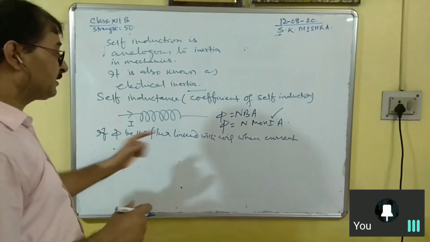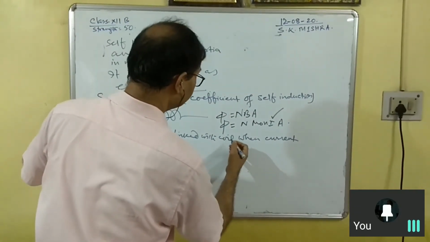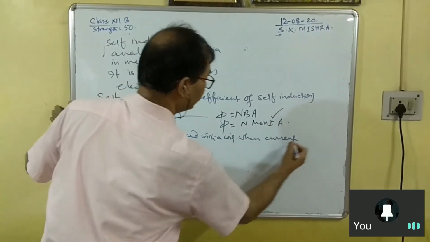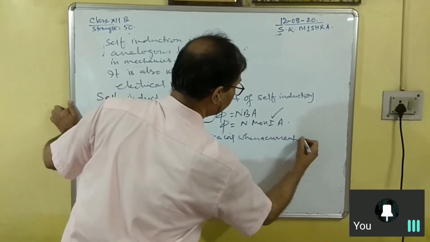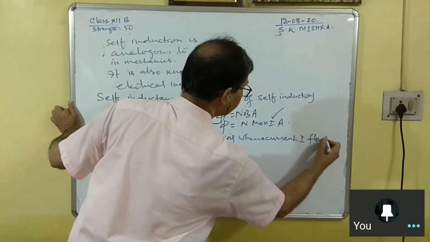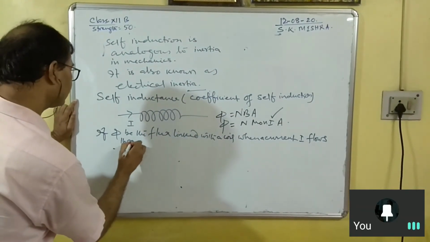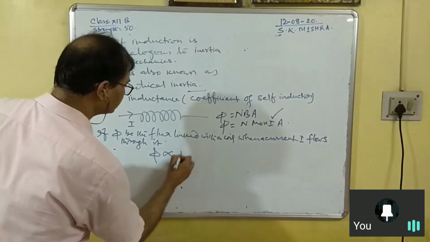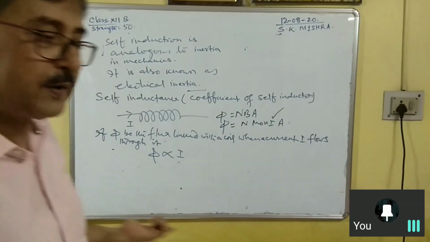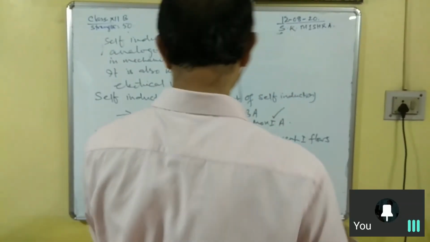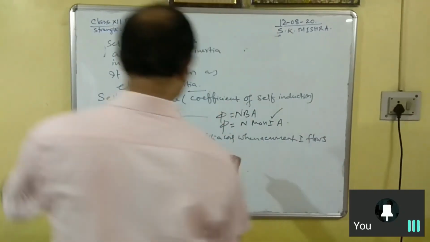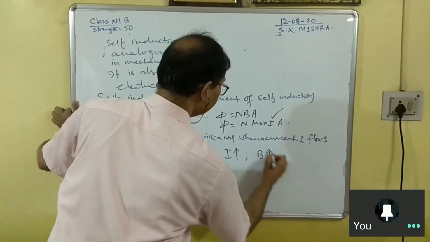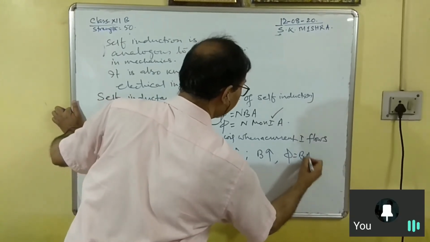So if phi be the flux linked with a coil when a current I flows through it, then phi is directly proportional to I. Means more current, more flux. Because current has relation with the magnetic field. If the current is increasing, I increasing means B increasing. If B increasing means flux, which is B into A, also increasing.